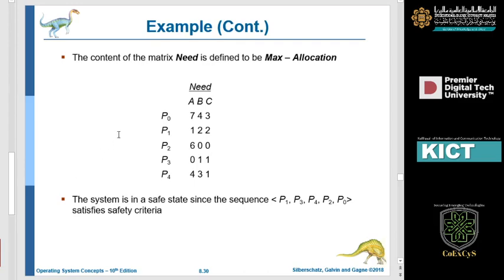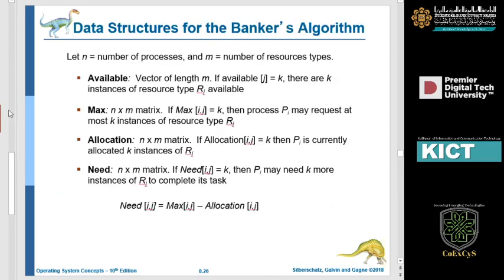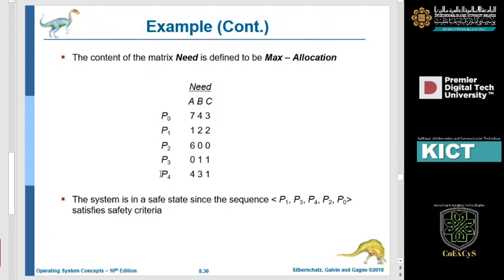Now as we continue, we can actually calculate the content of the matrix need, which is defined to be the maximum minus the allocation. So let's look at the need here. Need is basically maximum minus allocation for each process and resource. So the need here would be 7 4 3. How do we find out what's needed?